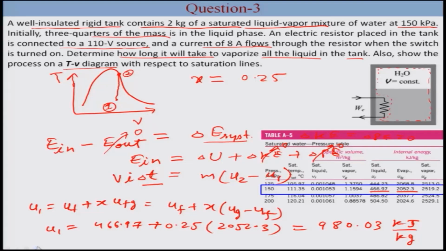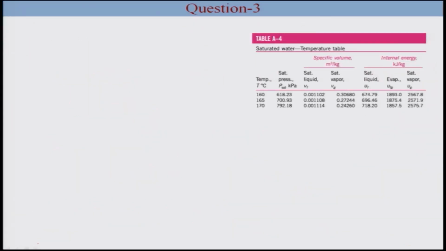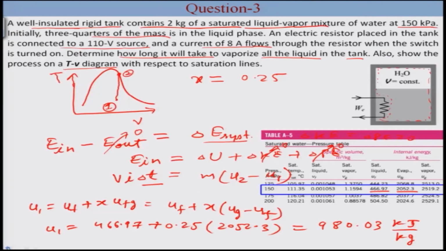And corresponding specific volume can also be calculated as v1 equal to vf plus x times (vg minus vf). So vf is given, 0.001053, which is here in this table, this point and this point.